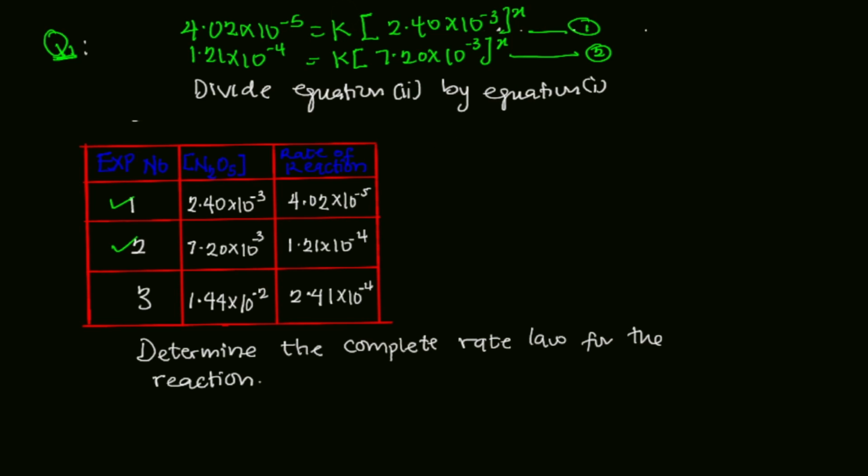And what you have to note here is that it is better you place a bigger value at the numerator. A bigger value at the numerator. So in this case, I'm going to divide equation 2 by 1.